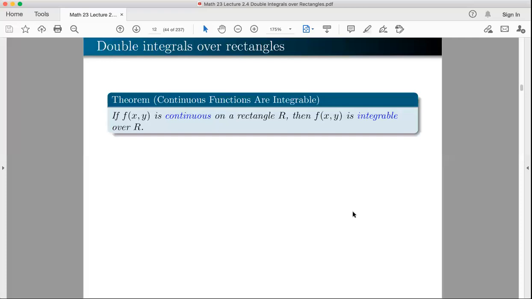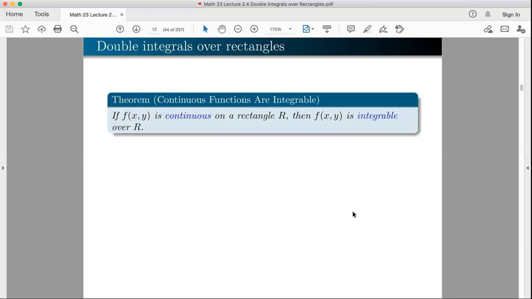Now we have this very important theorem. If our function is continuous on a rectangle R, then f of xy is integrable over R, meaning the limit of the Riemann sum will always exist. Again, if f is continuous on R, then f is integrable over R. This is different from differentiation. If f is differentiable, then it is continuous.